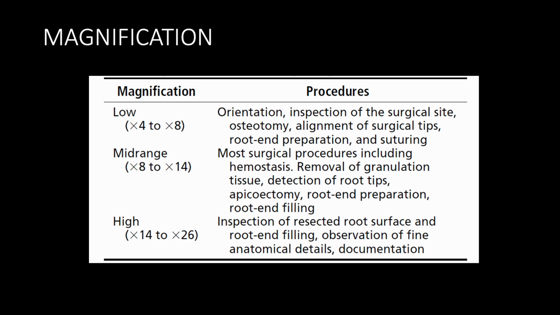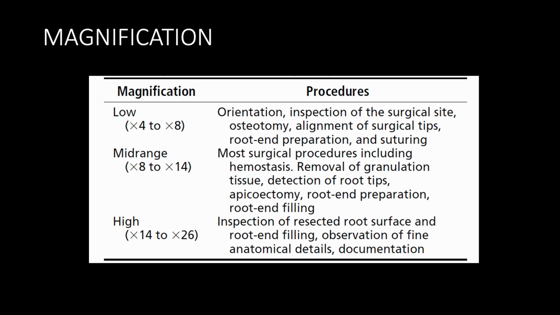In magnification, it is important to note that you can set the microscope to low magnification, mid-range magnification, or high magnification. In the low magnification, the magnification is close to 4x to 8x. In this magnification, orientation is possible and inspection of the surgical site can be done.